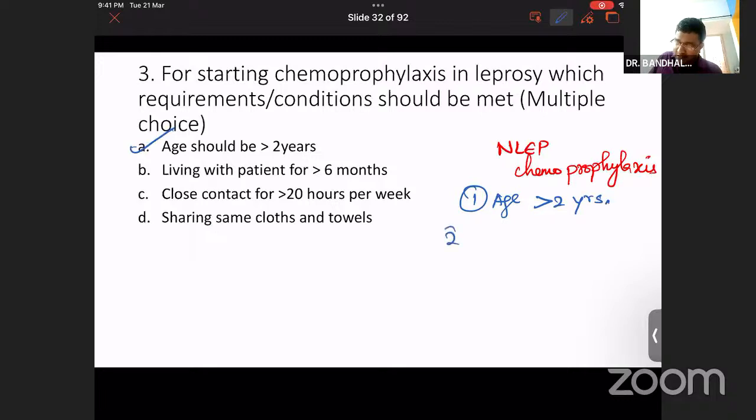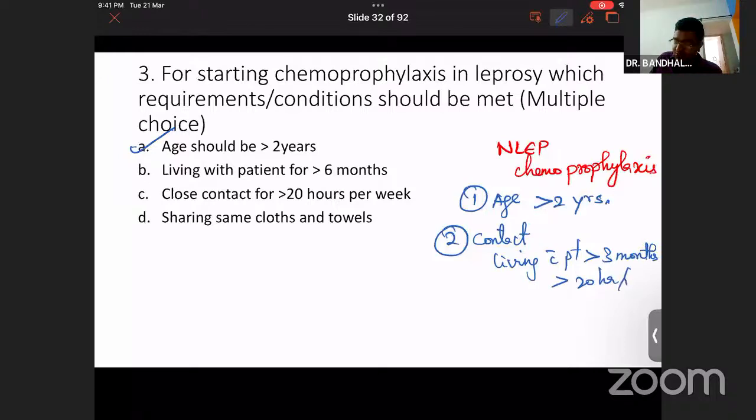The second thing they have given is the contact: living with the patient, if it is more than 3 months, it is fine, with more than 20 hours per week exposure. They can live with the patient, they can treat the patient, or they can be socially related to the patient.